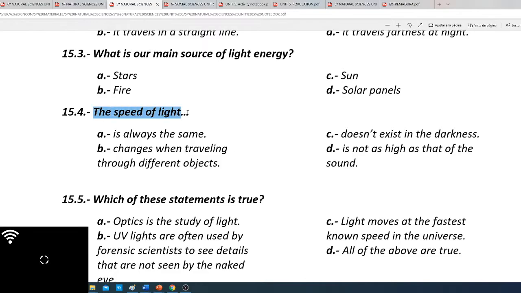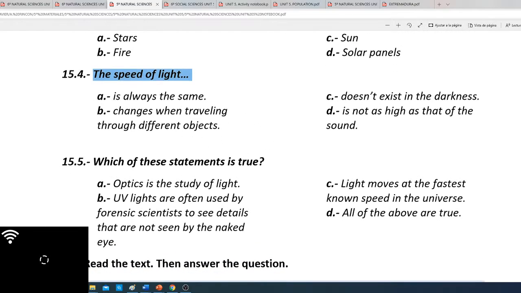So the speed of light: A, is always the same. B, changes when traveling through different objects. C, doesn't exist in the darkness. D, is not as high as that of sound. What do you think? I have some problems with the image, but this is not important. What do you think?